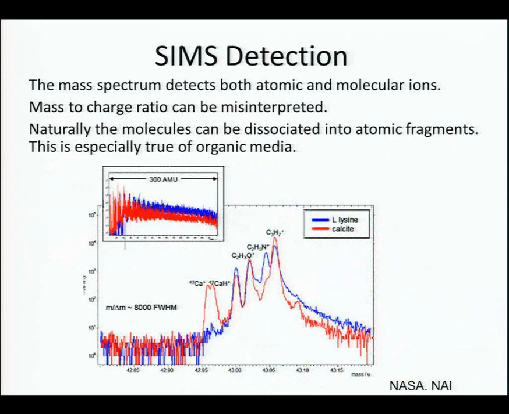So this is the detection that you see that the computer produces from our detector. The mass spectrum detects both atomic and molecular ions. The charge to mass ratio can be misinterpreted. Naturally, the molecules can be disassociated into atomic fragments. This is especially true of organic media.